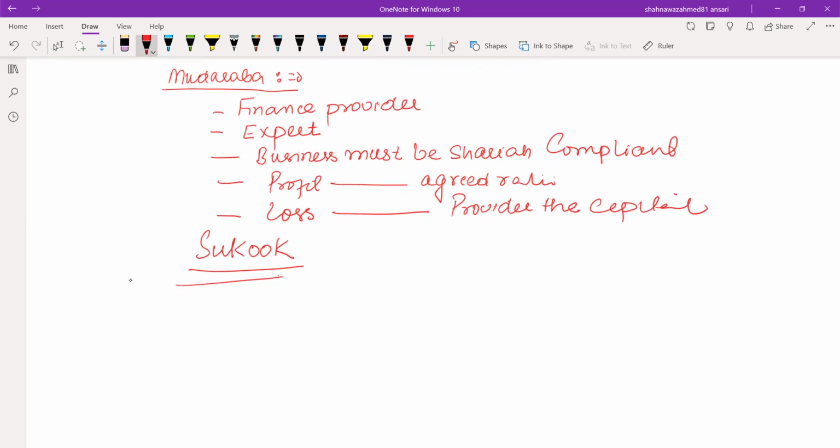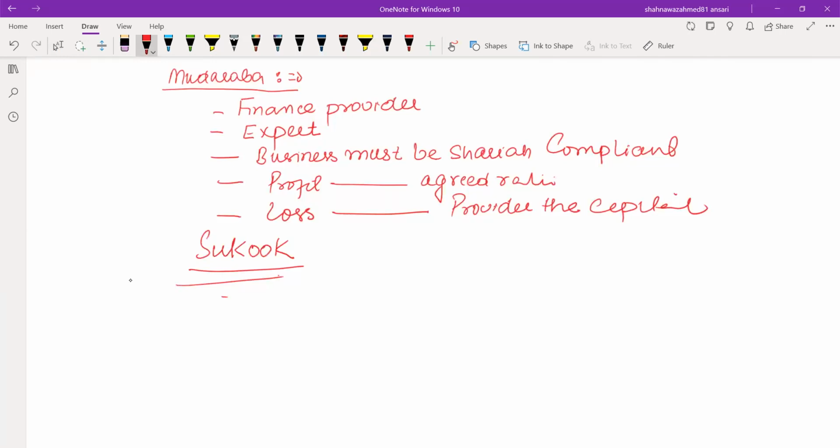And in case of investment in the Sukuk, the holder takes risk and reward of ownership. Sometimes the Sukuk also has an equity aspect. The Sukuk holder will bear the loss from the underlying asset. And the Sukuk holder will generate income out of the underlying asset.